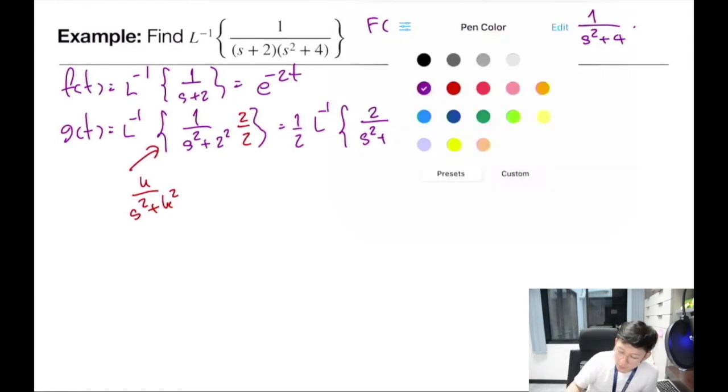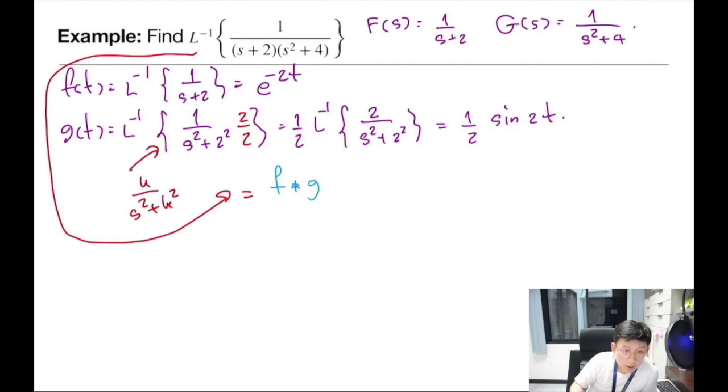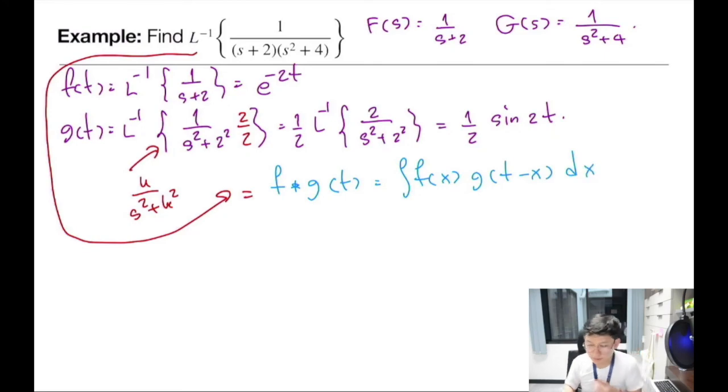So this guy is actually the convolution of f and g, t, and that will be the integral of f(x) g(t minus x) dx, right?